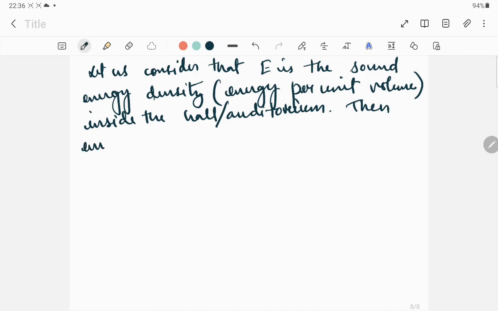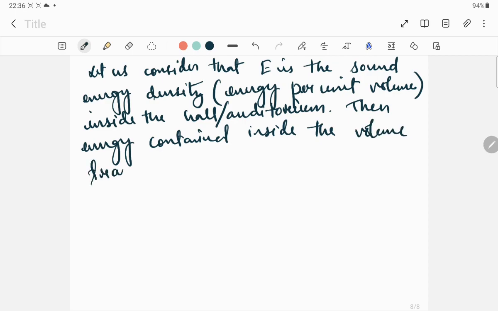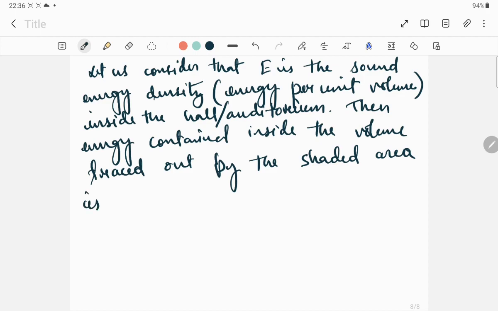Then the energy contained inside the volume traced out by the shaded area is E into r square sine theta d theta d phi dr.